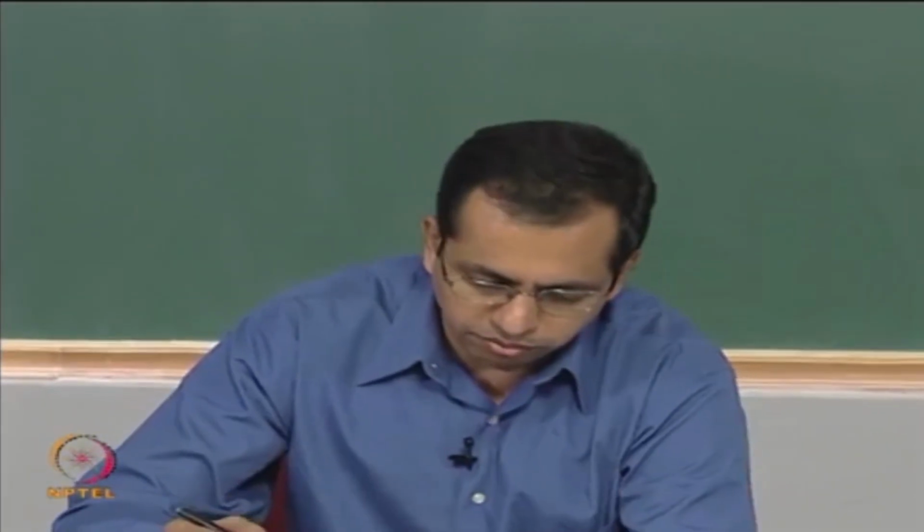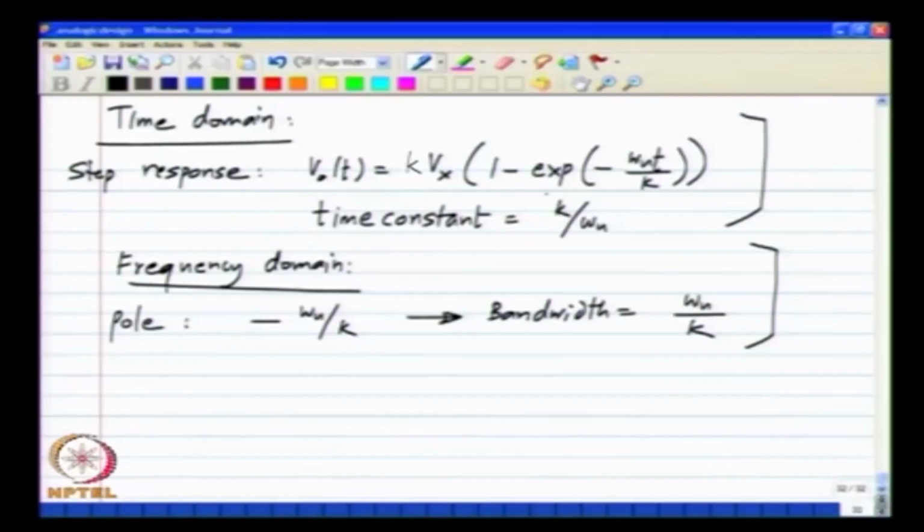Now, we still have to look at exactly why this quantity k by omega u comes up in many different places. We see that it comes up in the time domain and in the frequency domain. What is the significance of this frequency omega u by k? We already know that it is the pole of the system, but we would like to dig a little deeper into it and see what it means.